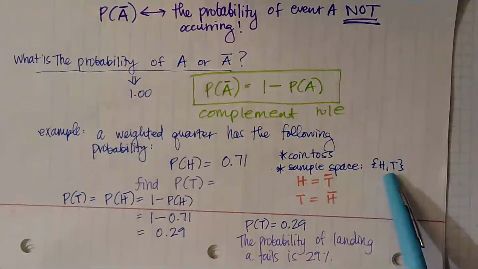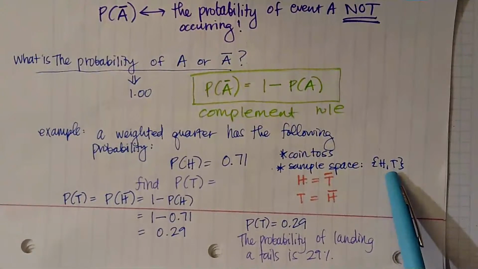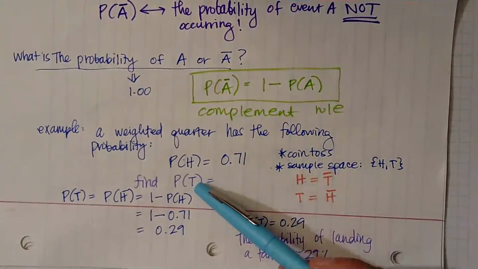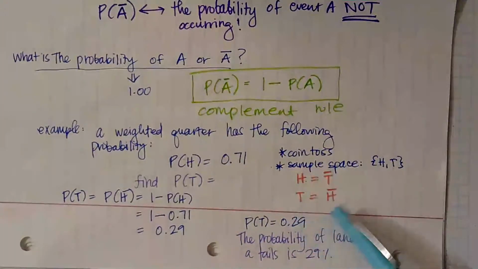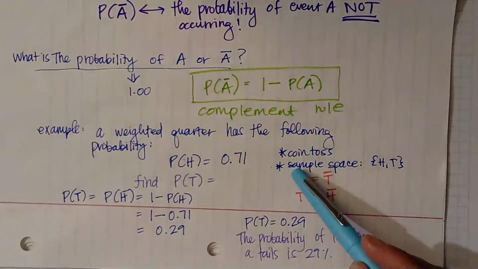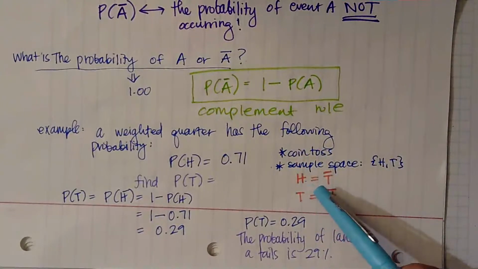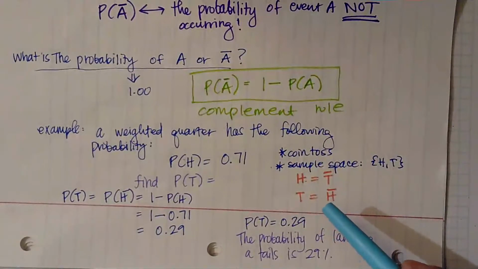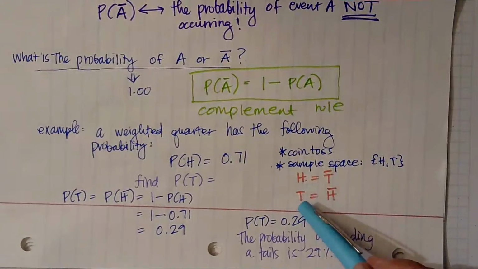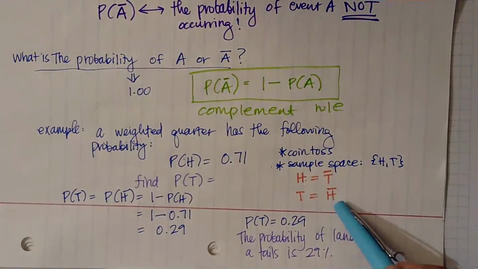So here, I am able to use the complement rule to figure out what P of T is. To find P of T, I need to recognize this situation here, which means heads is equivalent to not tails. Is that true? Is heads not tails? Yes, that's true. Similarly, is tails not heads? Yes, that's also true.